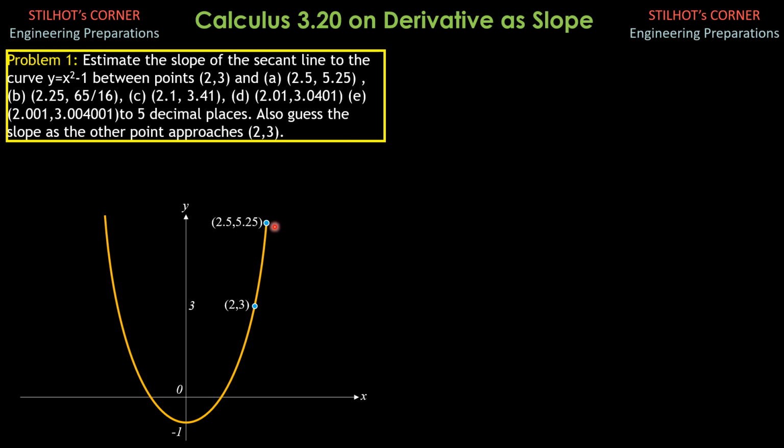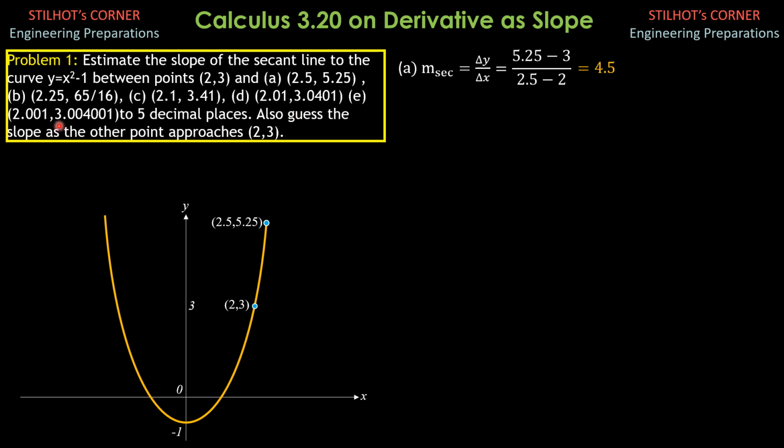Remember that slope is delta y over delta x. So m of the second line, slope of the second line, delta y over delta x equals 5.25 minus 3 over 2.5 minus 2, and that is equal to 4.5.